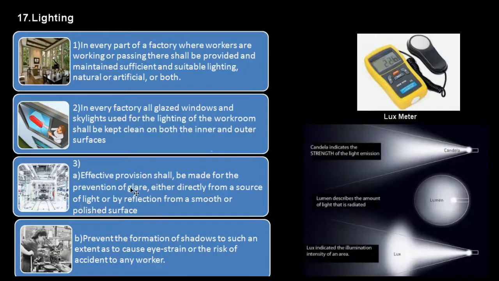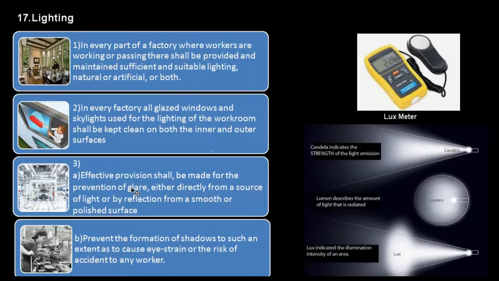Now what is glare? If I give you a better example, if you are driving a car at night, and you see the headlight of the front vehicle which is coming in the opposite direction, it becomes extremely difficult for us to drive in such a case. So glare is nothing but a light of high intensity falling directly onto our eyes, either directly or by reflection.